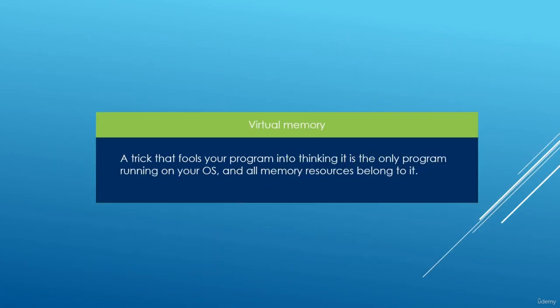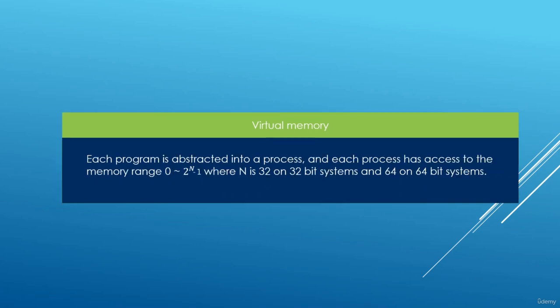So the idea was born to create what is called virtual memory. It is a trick that fools your program into thinking it is the only program running on your operating system, and it owns all the address space or all the memory on your computer. That's what your program thinks. And the view that your program has of that memory is called a memory map.